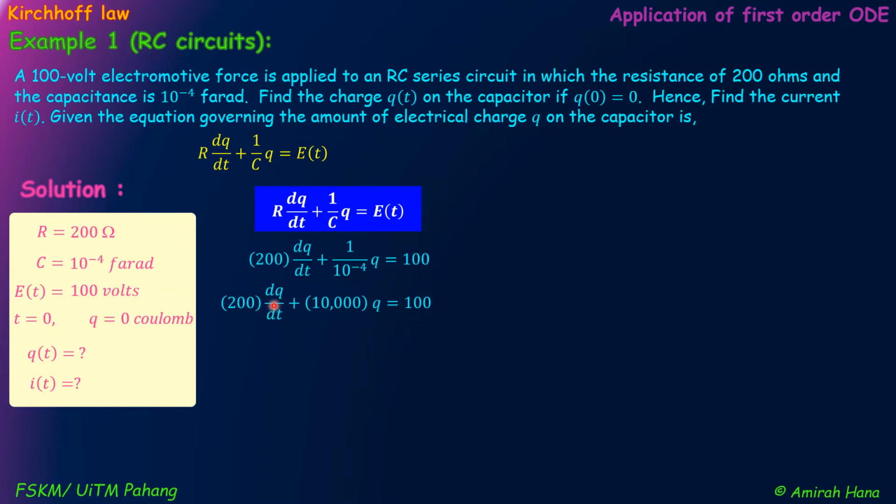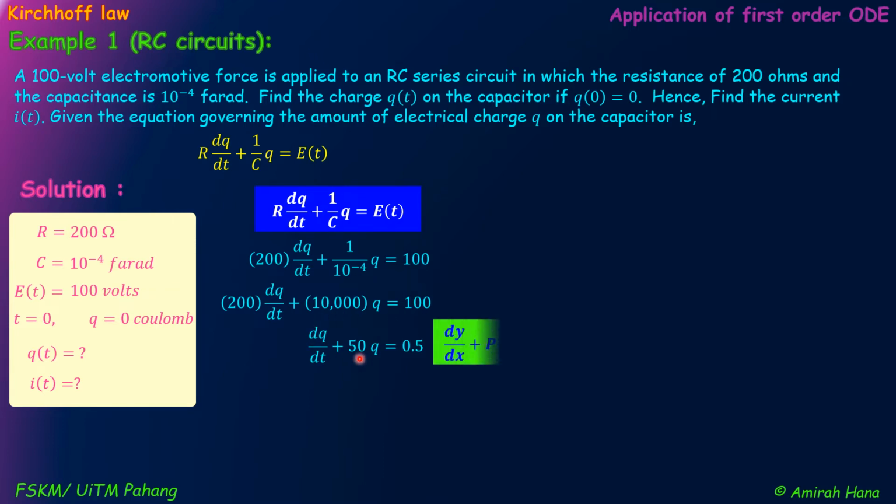Next, we want to make the coefficient of dQ over dt equal to positive 1, so we divide each term by 200. We get dQ over dt, 10,000 divided by 200 equals 50, and then Q equals 100 divided by 200 equals 0.5.